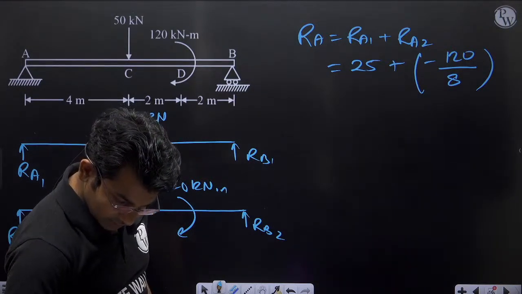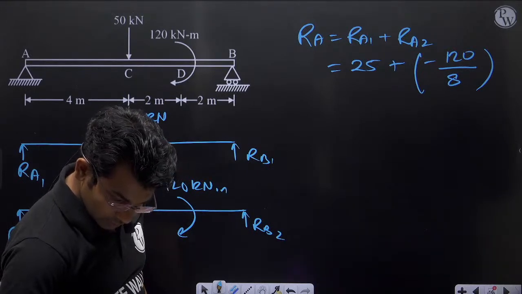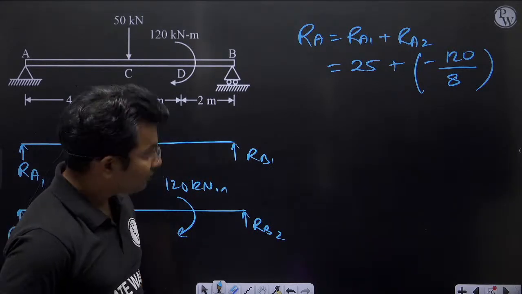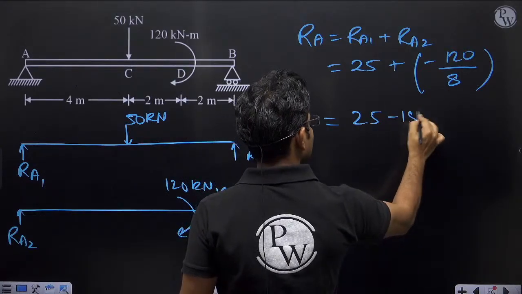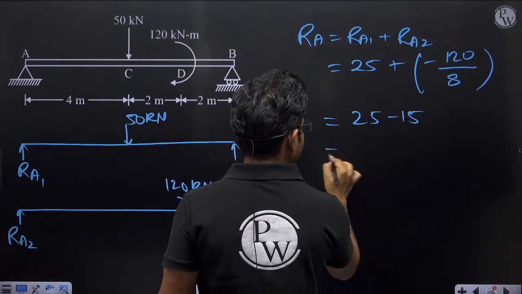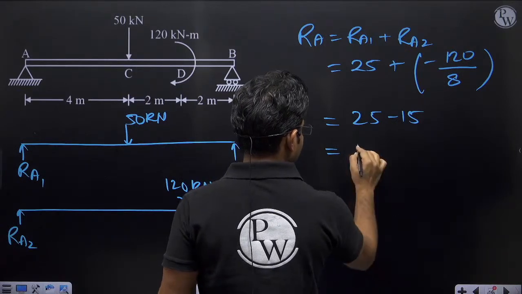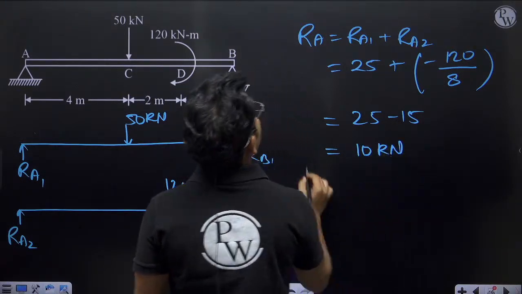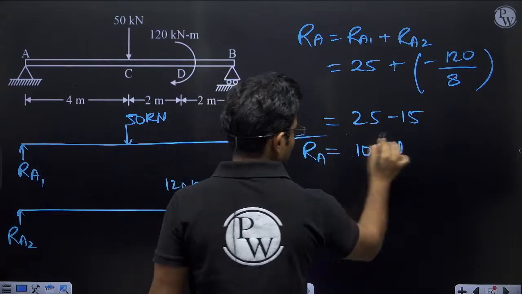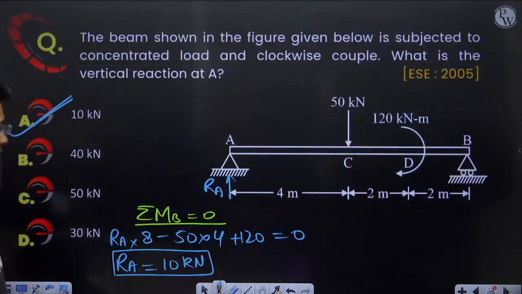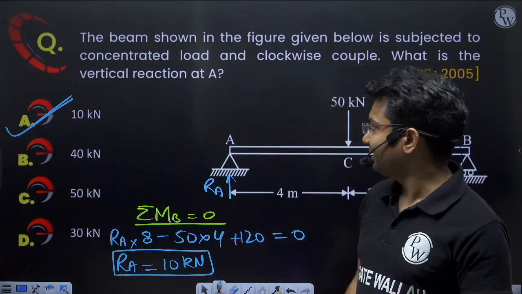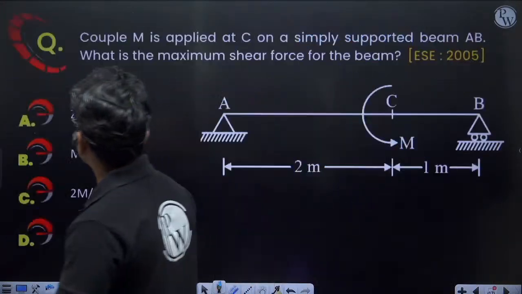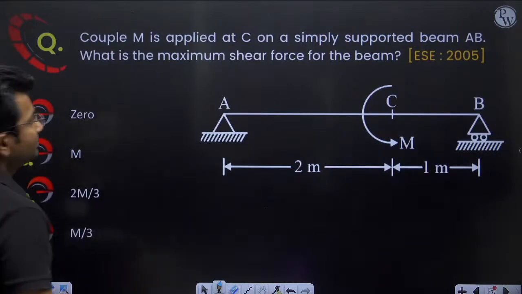Just a minute. 15. So it will be 25 minus 15, which is 10 kilonewton. So RA will be equal to 10 kilonewton. From both the methods you can see the answer is the same. Let's move on to the next question.